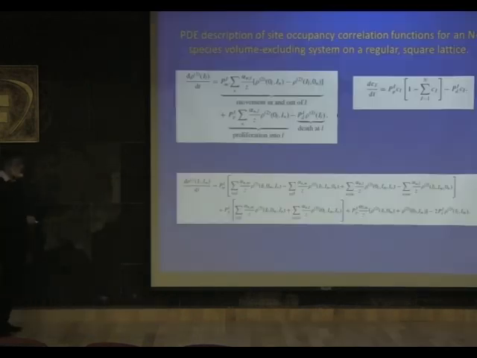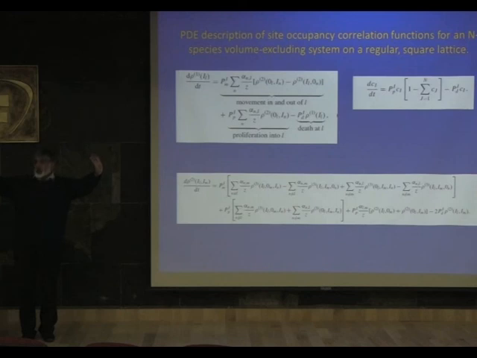This is work we've been doing very recently, and because of time I don't want to go into the details. What you do then is consider a regular square lattice, and we ask the question, what's the probability density that lattice site L has species I in it?